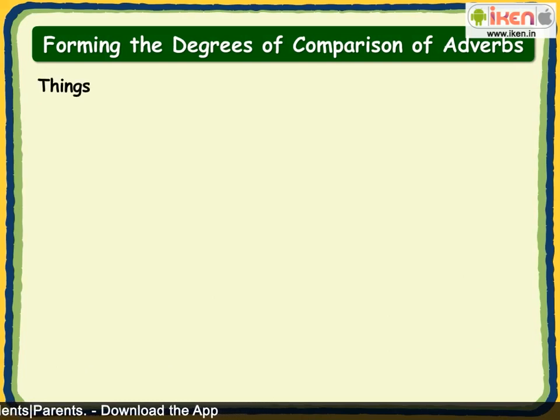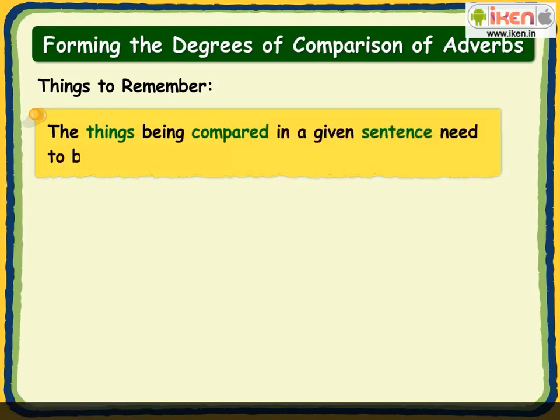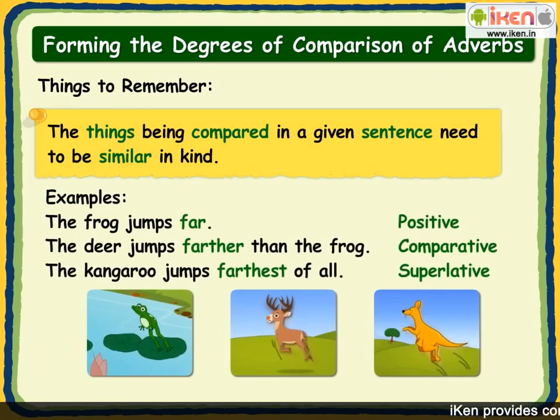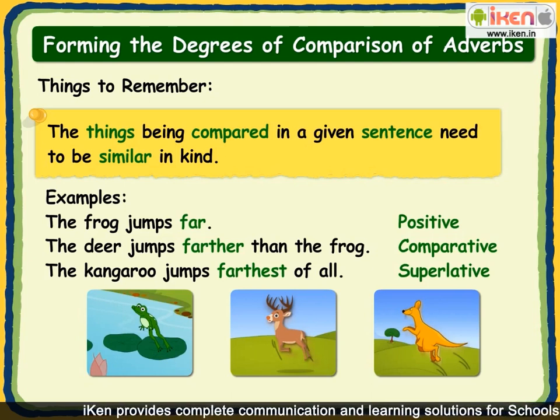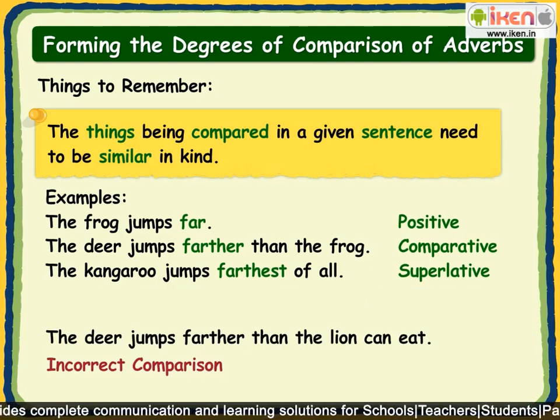The second point to keep in mind is that the things being compared in a given sentence need to be similar in kind. Look at the following examples again. We can see that in the sentences, the distance that the animals can jump has been compared. Now, consider this sentence. The deer jumps farther than the lion can eat.